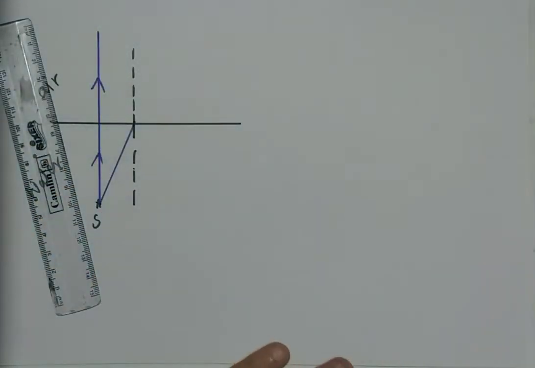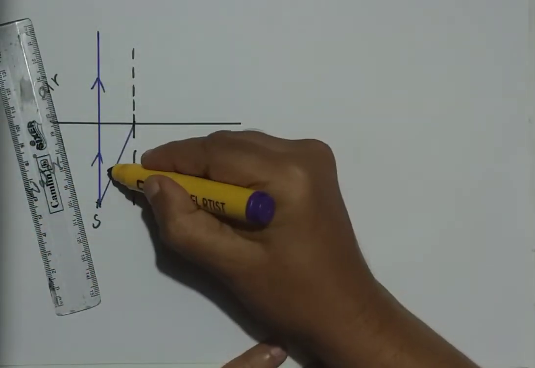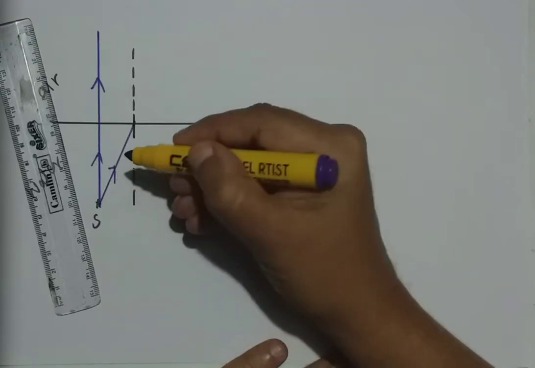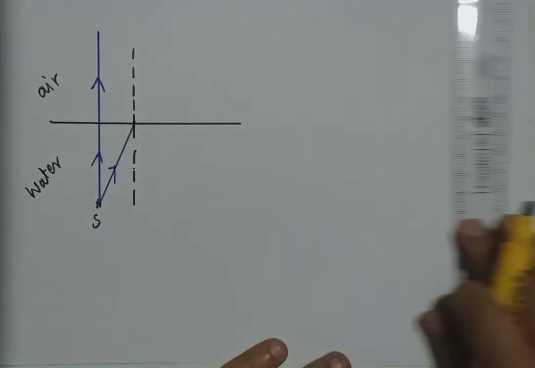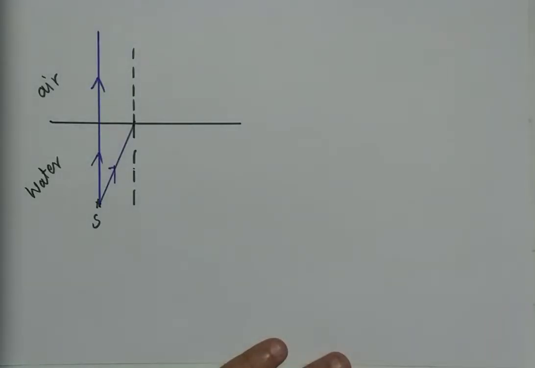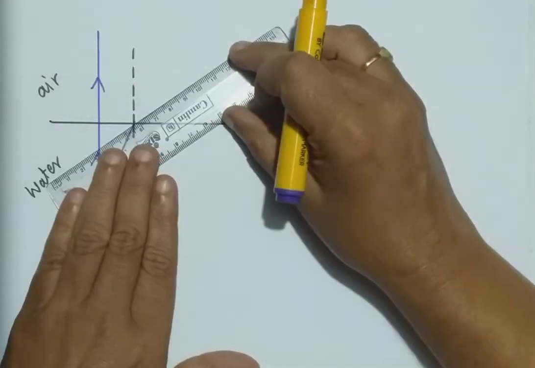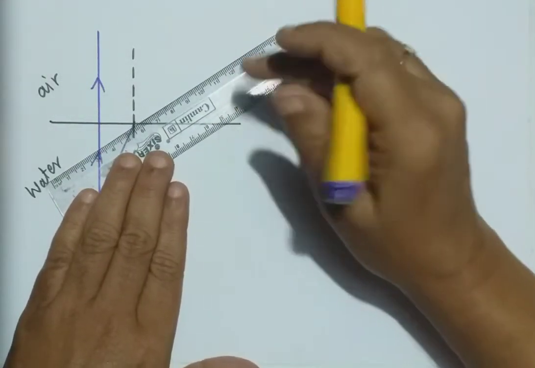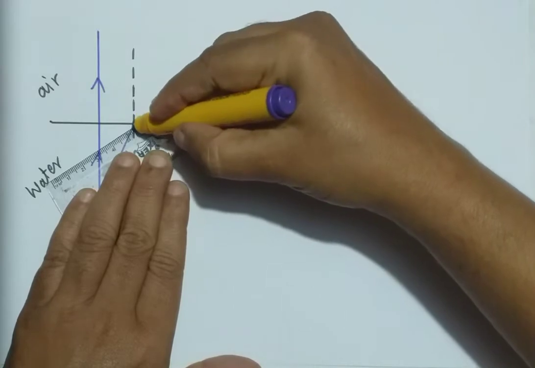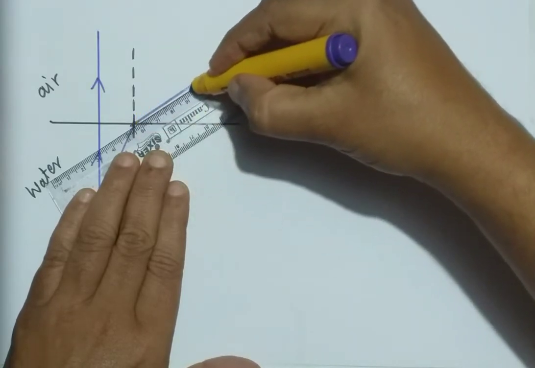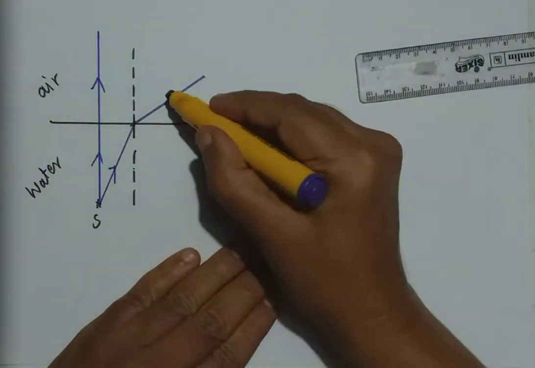Now, as you know, this light ray is moving from denser to rarer, water to air. It should bend away from the normal. Therefore, angle of refraction is larger than angle of incidence. And this will be our refracted ray.